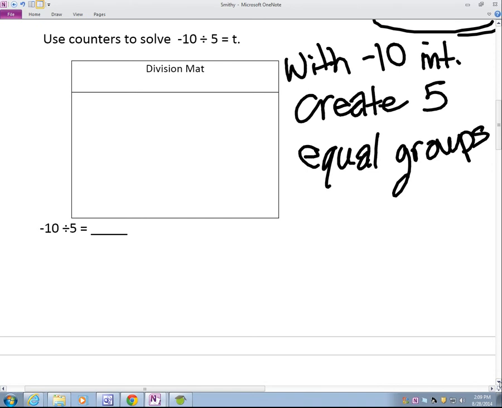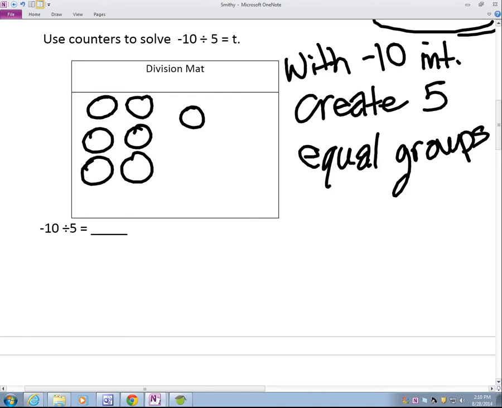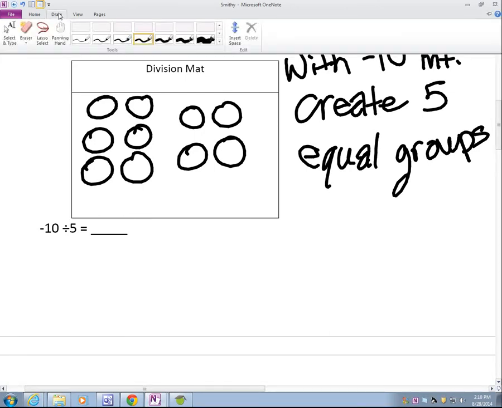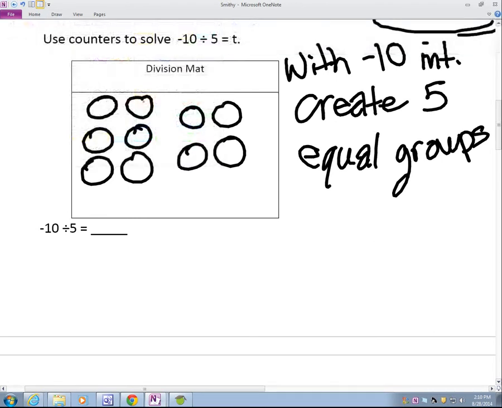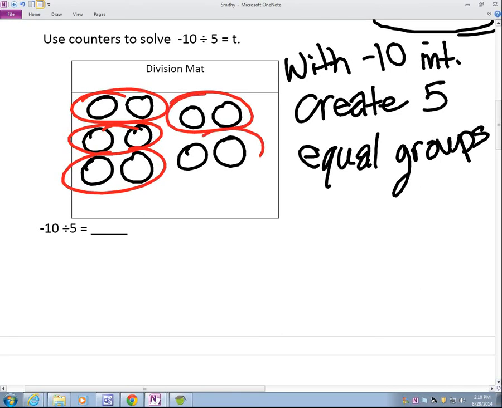Positive or negative integers? Negative. 3, 4, 5, 6, 7, 8, 9, 10. And how many groups do we have to make in here? 5. We're going to create 5 groups.